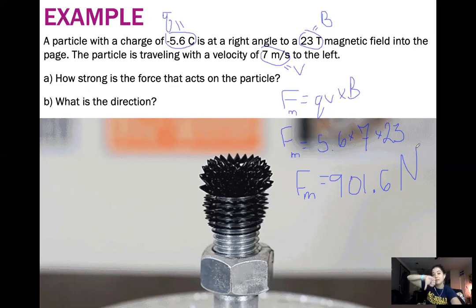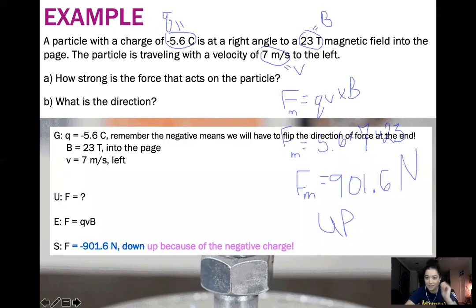I'm getting that the force is down, but if it's down and this is a negative charge, that really means the force is acting up. We need to flip it at the end, okay? I'm going to move to the next slide. Let's see if we were correct.